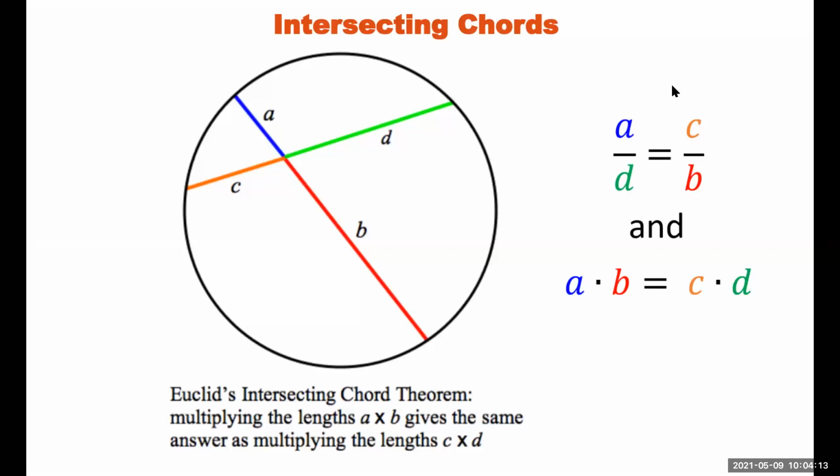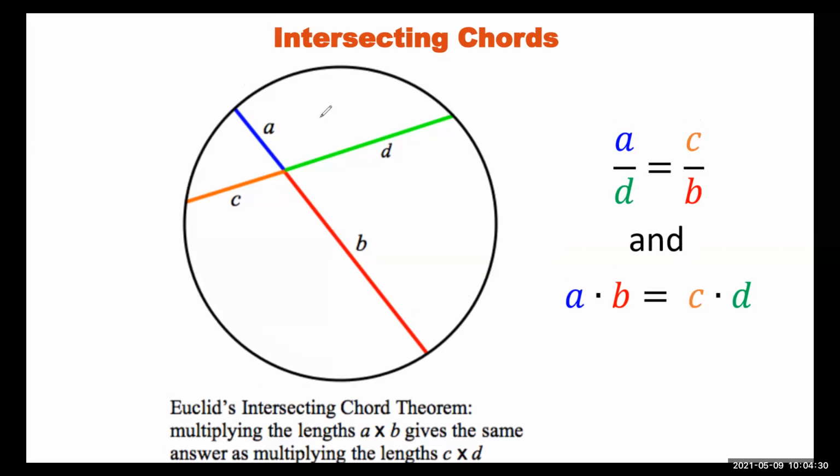In general, there's an actual rule that relates the sections of the two intersecting chords of a circle. You can see we've got these proportions set up here on the right.